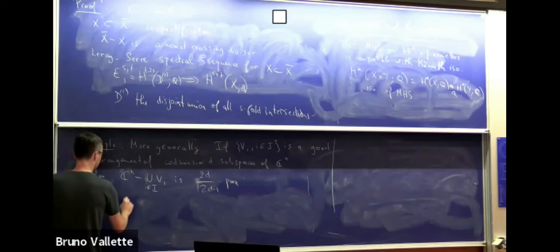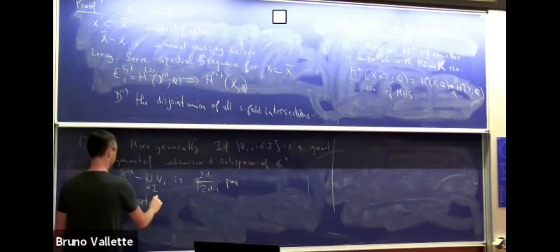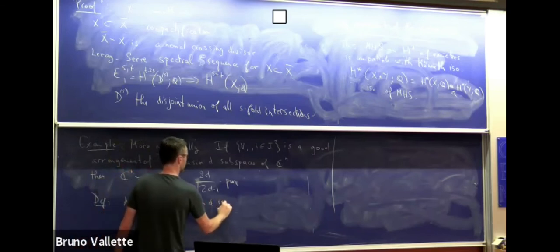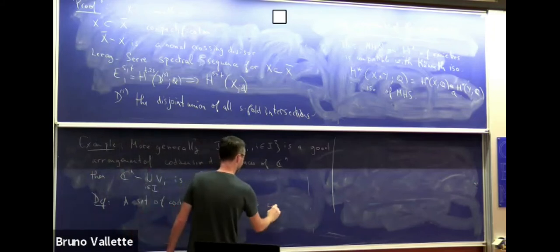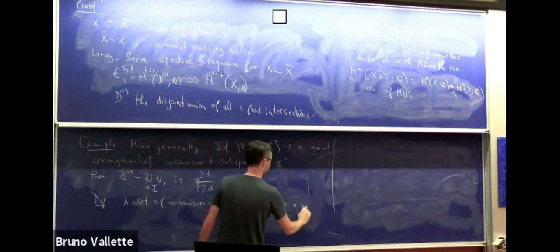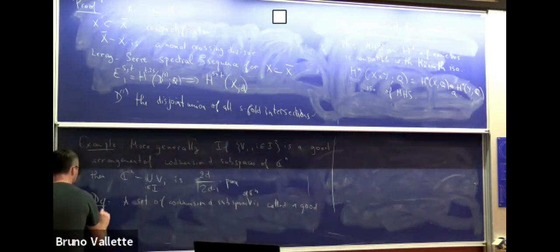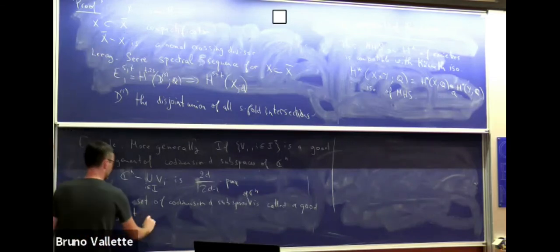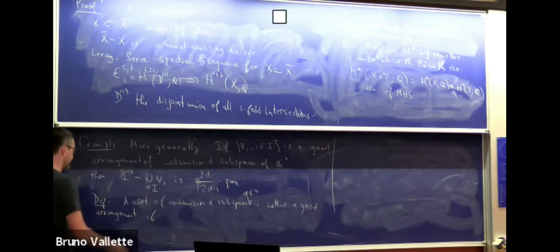So we call a set of codimension d subspaces of C^n a good arrangement. It will be sort of an inductive definition. So if there is just, say, 0 or 1 subspace, this is fine.